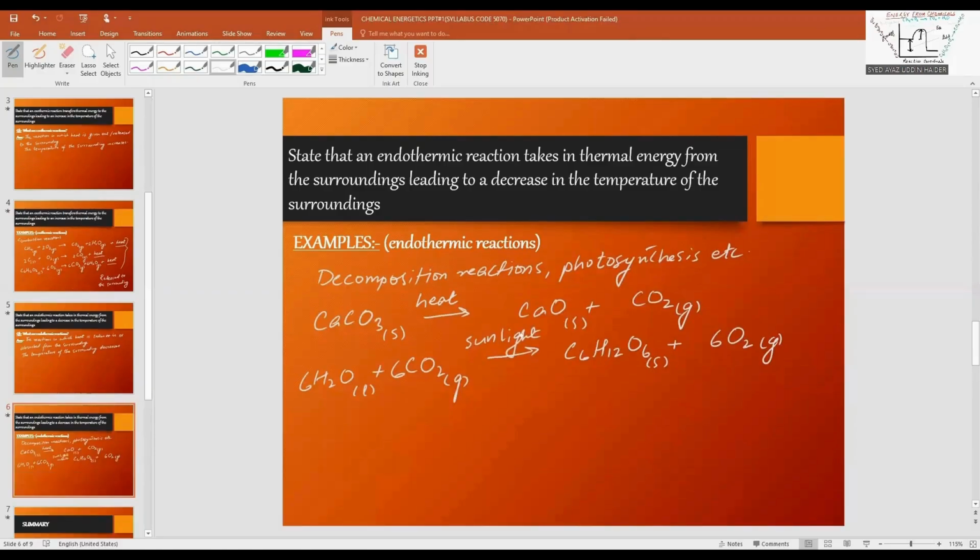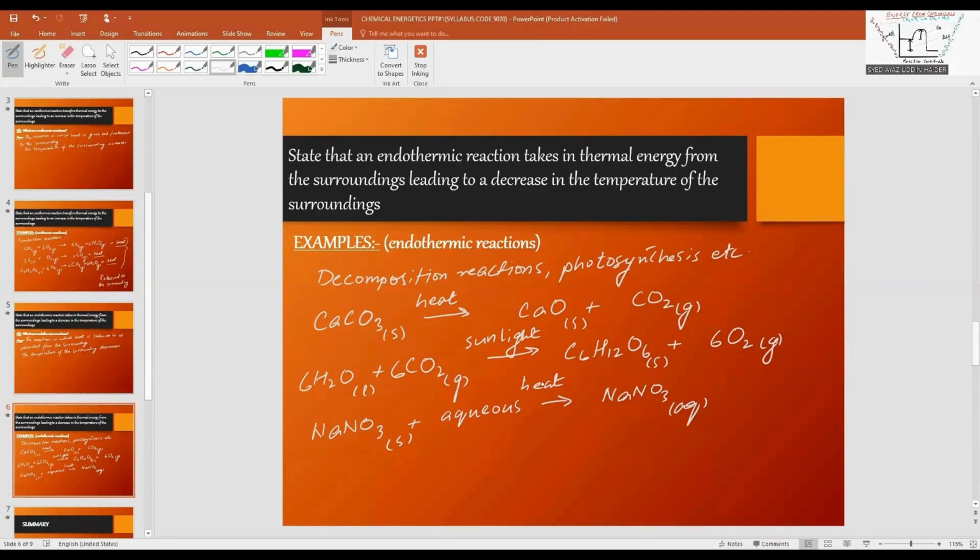The other reaction is dissolving a salt like NaNO3 in water. Write the state symbols. This reaction also takes in heat. You have noticed one thing, that in this case, heat is absorbed from the surrounding.